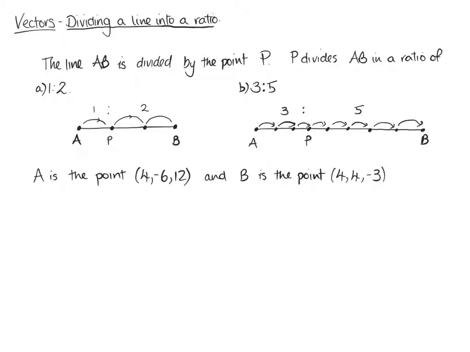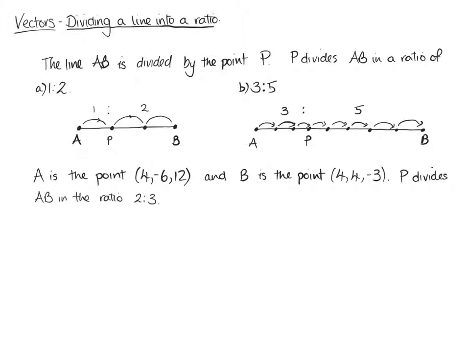Okay? And we've got that P divides AB in the ratio of 2 to 3.